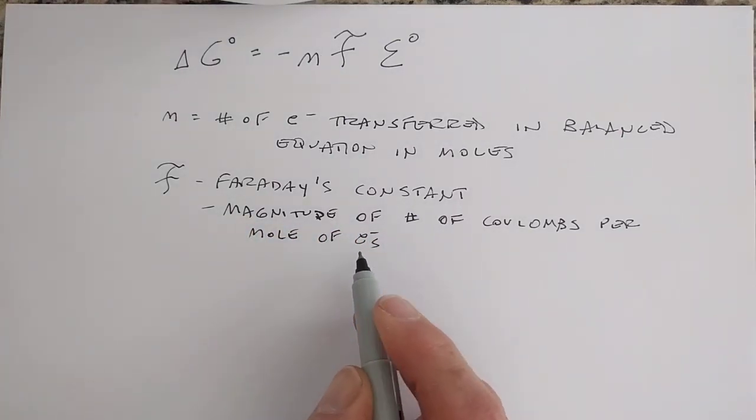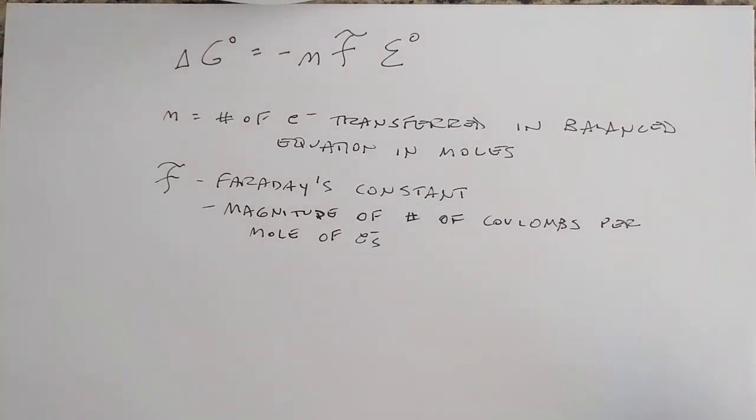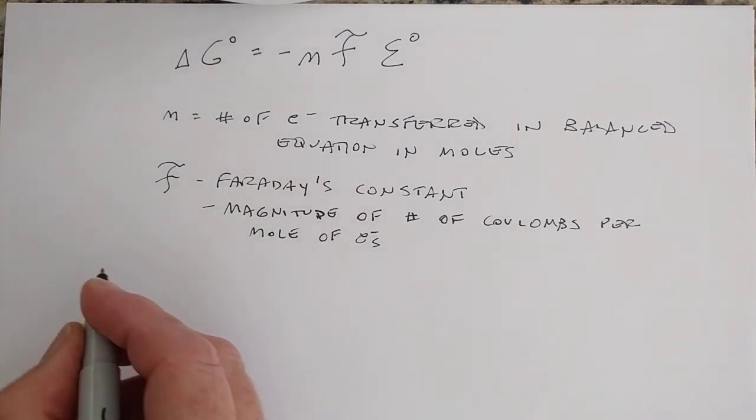So we're going to calculate what that is. We know that each electron has a charge of negative 1.602 times 10 to the negative 19th coulombs. We're just interested in the magnitude, so we don't worry about the sign. Okay, so we're going to calculate what Faraday's constant is.